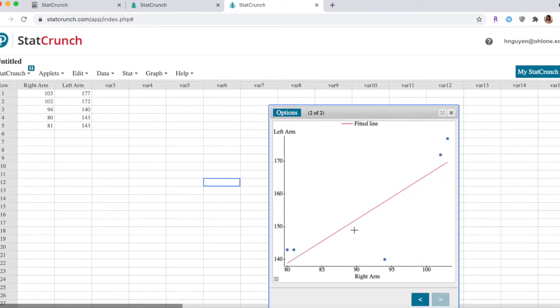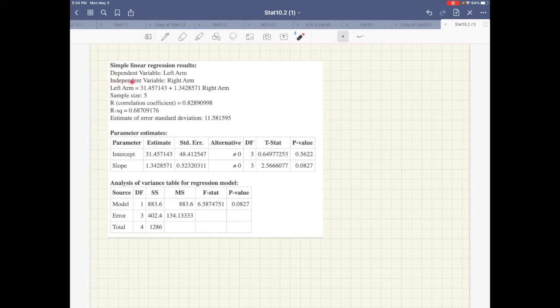They graph that for you. This is what I got from StatCrunch. Independent variable is the right arm, so right arm is my x. Dependent variable is my left arm, so left arm is my y. And this is my regression equation.